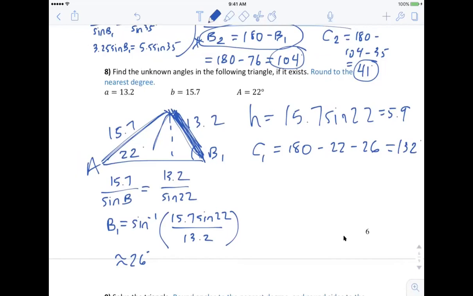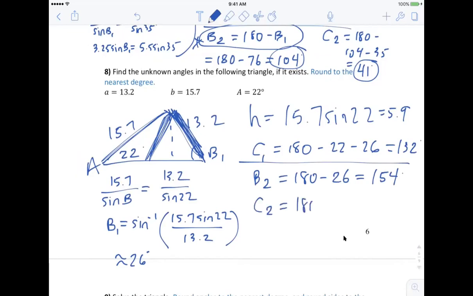Okay. And then what if B is swinging this way? Then to get B sub 2, my other solution is going to be 180 minus B sub 1, which is 154. And then C sub 2 is the 180 rule for a triangle. 180 minus the 154 minus the 22.